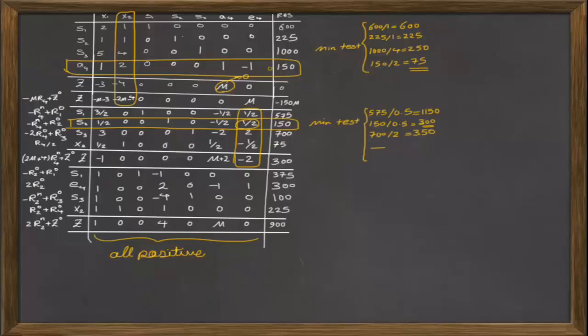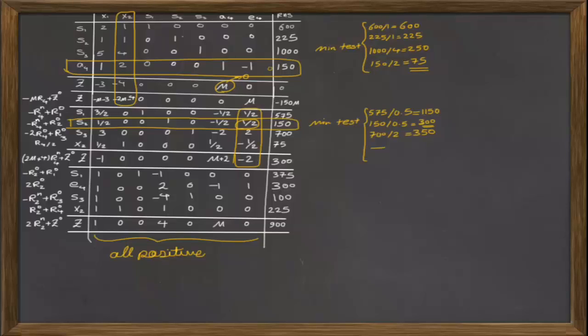So do I have a final solution to this problem? Before deciding about the final solution of this problem, you have to check whether you see an artificial variable in the basis of your table or not. If you see an artificial variable here, your optimization problem doesn't have a feasible solution, because we know that the artificial variable doesn't exist.